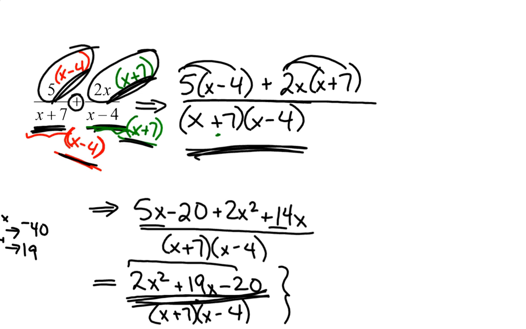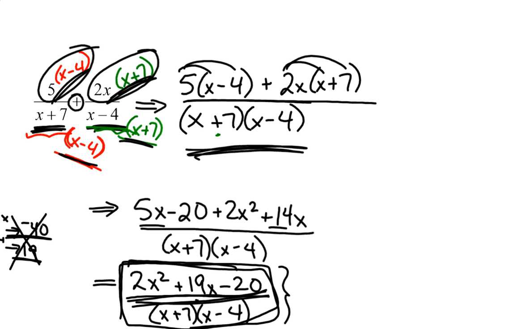Can I multiply 2 things to get negative 40, but add to get 19? That's the question. So when I think of that, there is not anything that will multiply to negative 40 but add to 19. It can't be factored. So this is our answer because that can't be simplified.